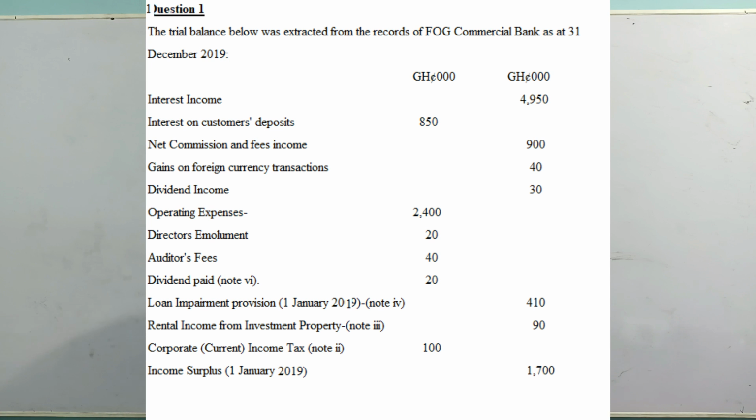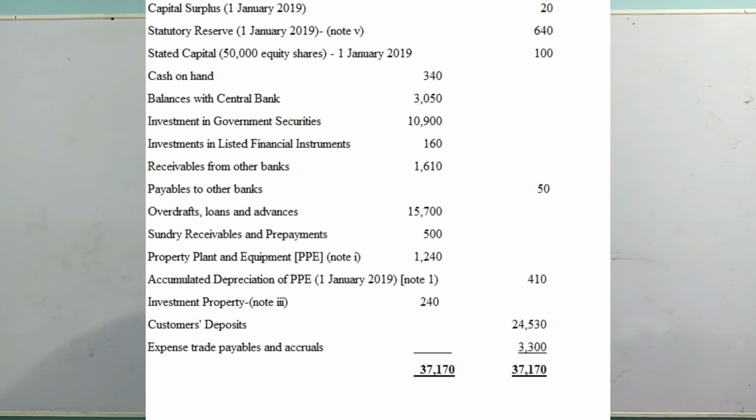Income surplus, 1st January 2019, is the opening balance for income surplus. There is capital surplus also at the beginning of the year. All those are opening balances for the statement of changes in equity. And then statutory reserve also has an opening balance, but there is a note attached, note 5. So we'll also go and look at what they are saying about the statutory reserve.